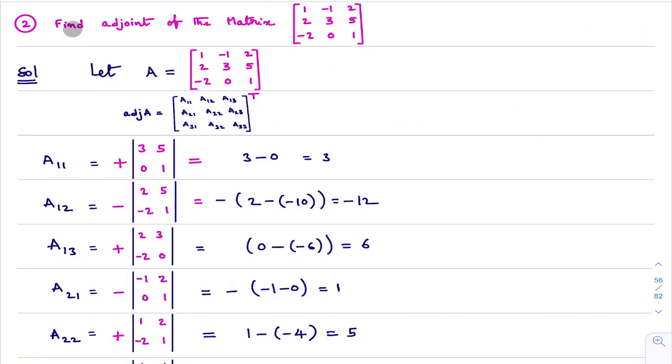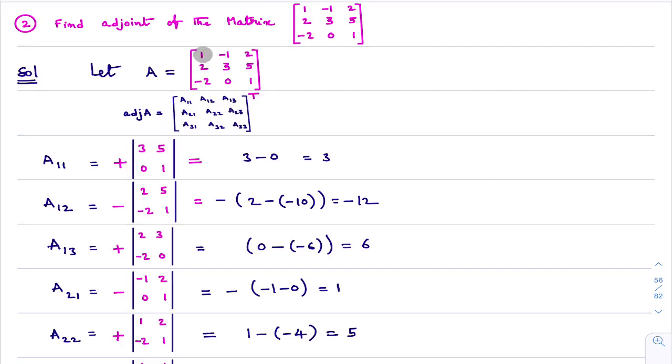They are asking to find the adjoint of this matrix. First I considered this matrix as A. The adjoint of A is the transpose of the cofactor matrix.